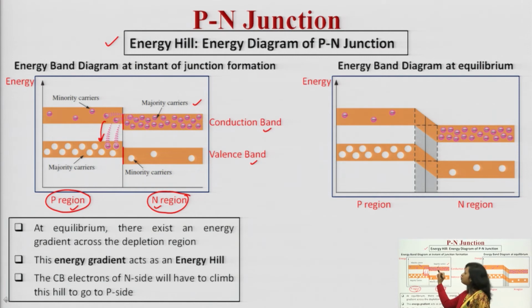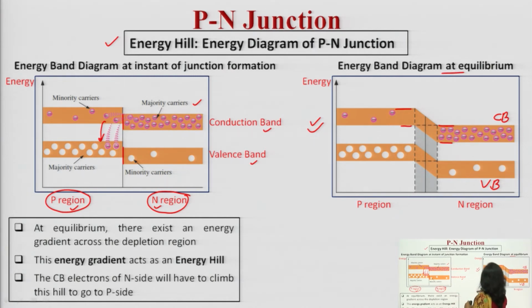Obviously, when the electrons are moving from here and crossing this junction, it means the energy level of the N type semiconductor is dropped down in comparison to P. So, in this particular case, at equilibrium, when further diffusion stops, you can see the conduction band and valence band, and there is a difference in energy between these levels.